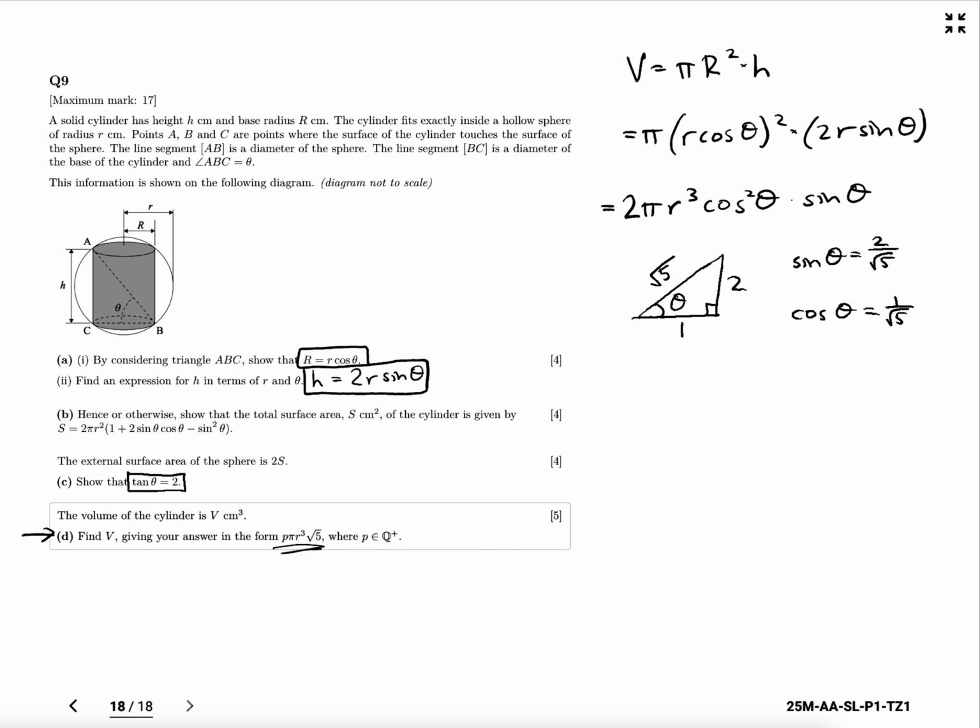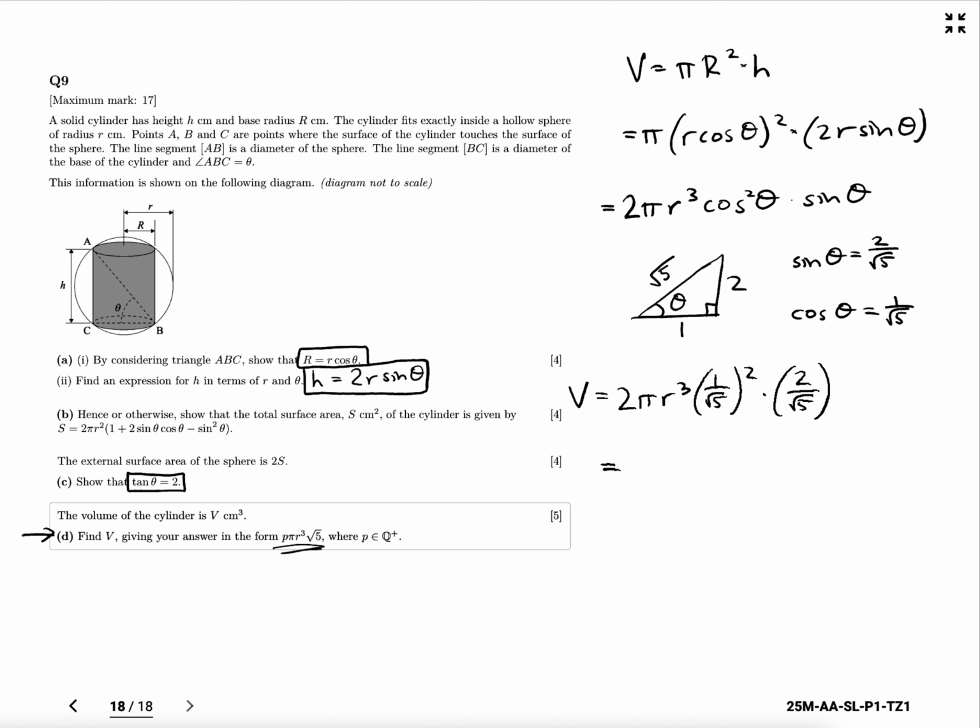So we now have expressions for sine theta and cos theta, and we can substitute those in. So V is equal to 2 pi r cubed times (1 over root 5) squared times 2 over root 5.